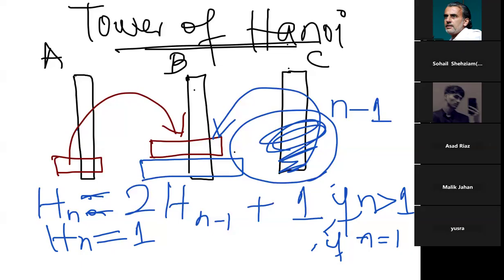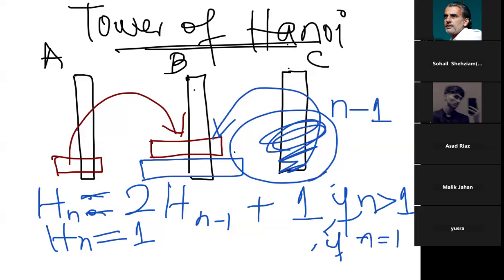Right? So A, B, or C don't really matter much. The point is that one tower contained all the disks at the start. The rest of the two towers were empty. So we have moved n disks from one tower to another one. How many moves are required?